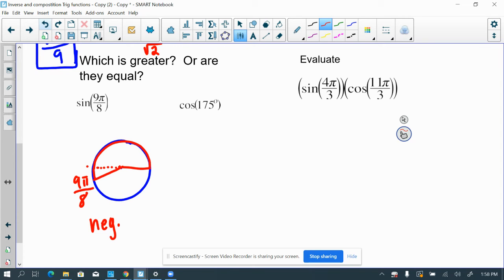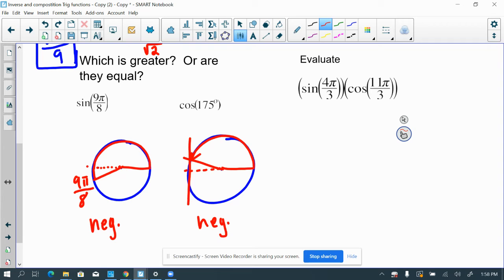What about the cosine of 175? Well, there's my circle, and 175 degrees is about 5 degrees before the 180 mark, and cosine is x. Now, again, this one is also negative, but do you see that it's very much negative?